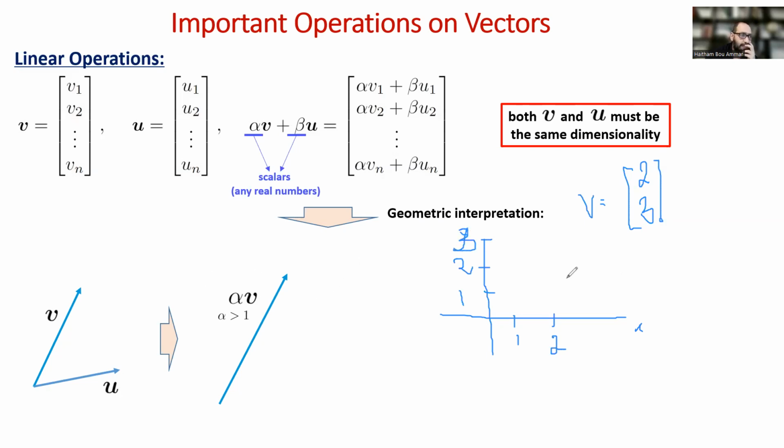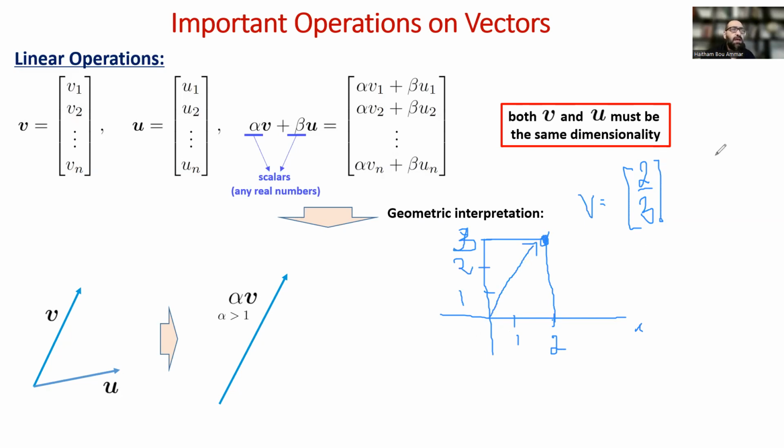So now when I say 2, 3, I mean I go on the x-axis 2, so boom, I'm here. And then I go on the y-axis 3, right there. So that's my point. And then my vector goes from 0 to that, so it's pointing in that direction.